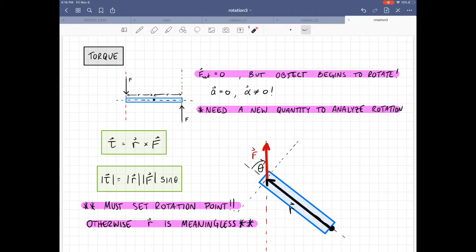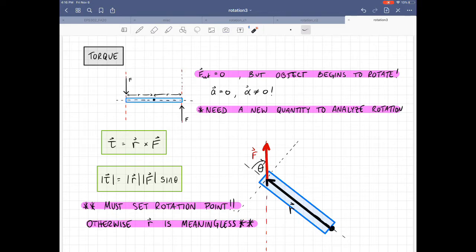So in this case, my rotation point is here, so my distance is r, whatever that is. And then you'll notice that the vector r and the vector F are multiplied together with the cross product. And so that means the result of this product is a vector, so tau, torque, is a vector.